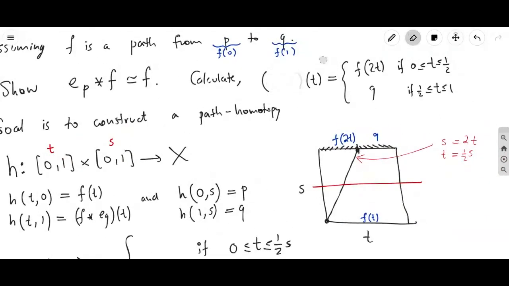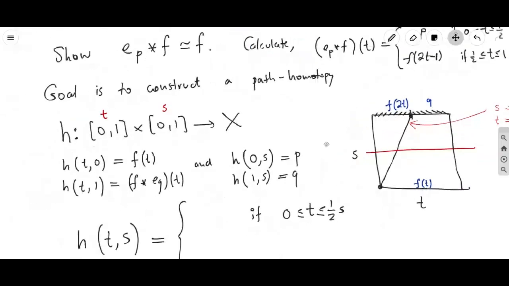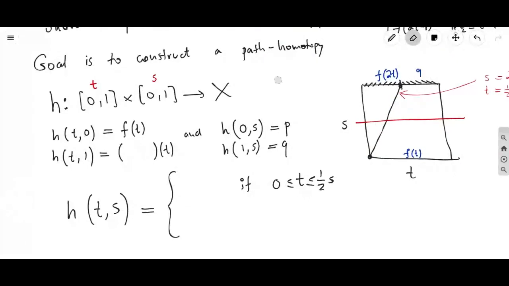So then this would be EP juxtapose F. And then this one would be, I'm sorry, not F of T, that would just be P. And then the other one would be F of 2T minus 1. And then the modification we need to do here is this one should be EP juxtapose F. And everything will stay the same.